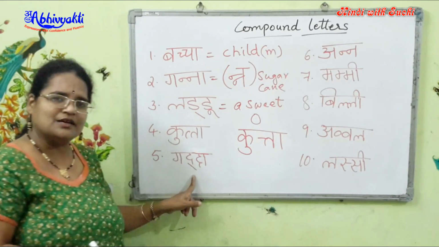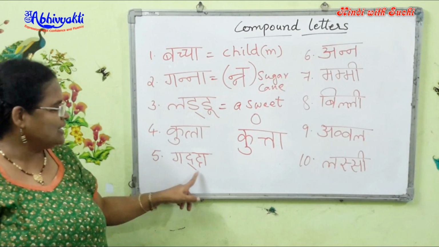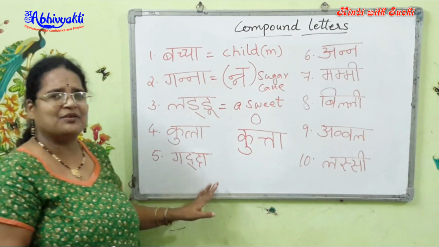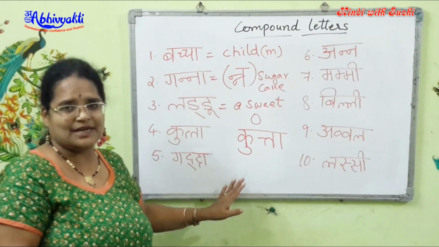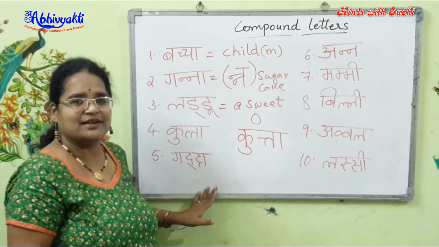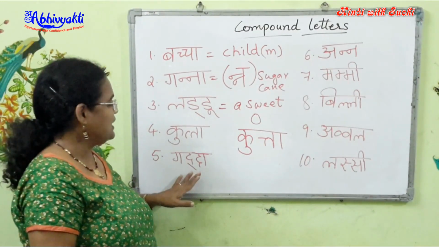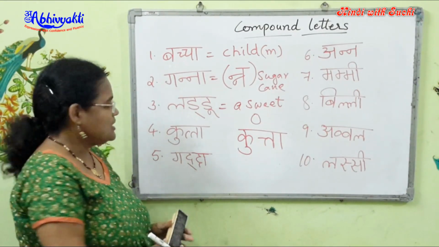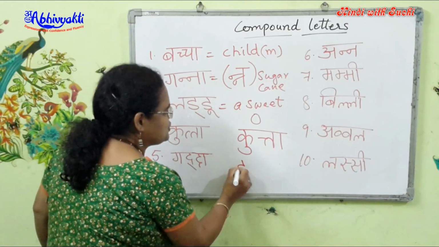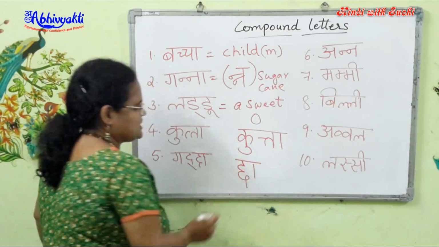Now I have the d and the d. So this is gadda. Gadda is a mattress. It can be a throne in that sense also, but usually we take it as a mattress. Now again, the old spelling used to be this.